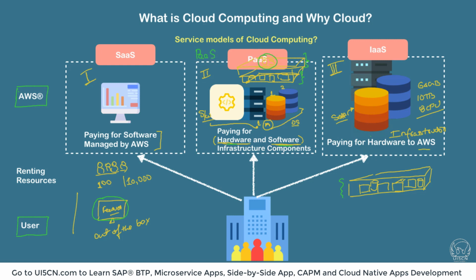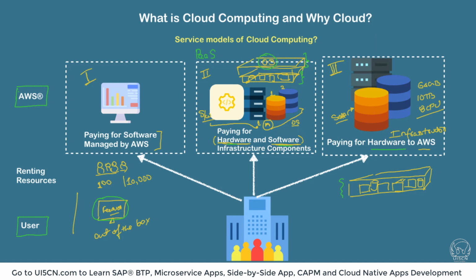And in the third case, where we are just renting the hardware resource, we are coining the term infrastructure as a service, also short for IaaS. So in IaaS, you are just taking the infrastructure and renting it. So that is the entire summary.